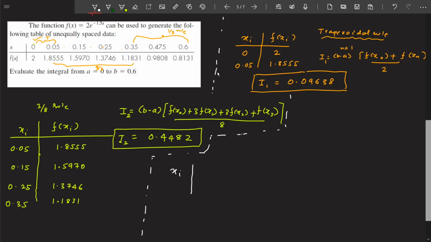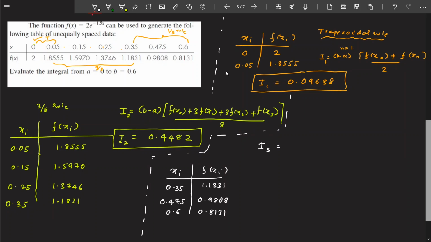Xi, this is going to be 0.35, 0.475, 0.6, 0.8, 1.31.